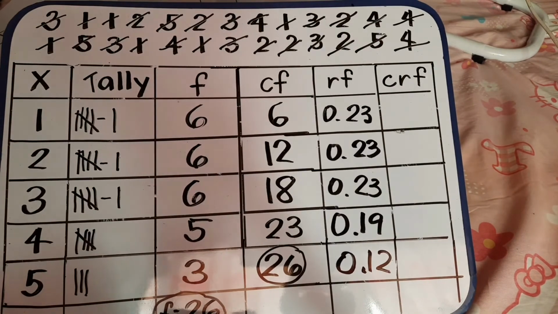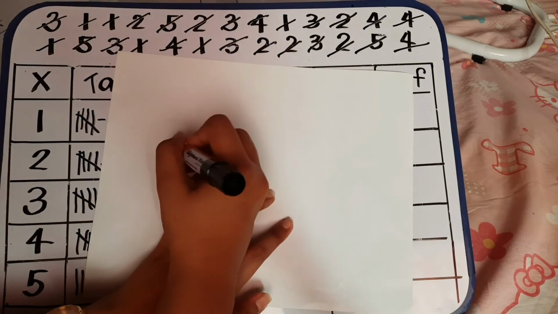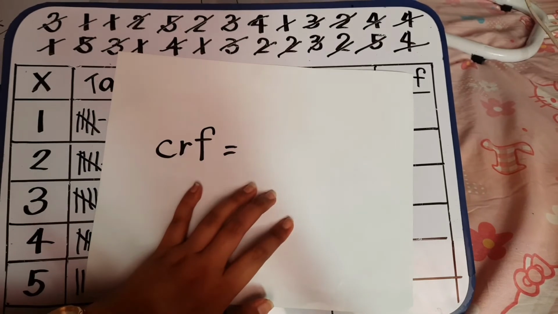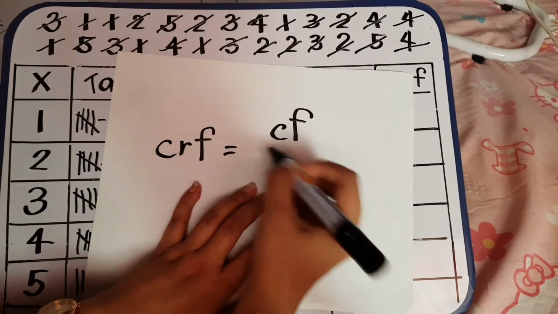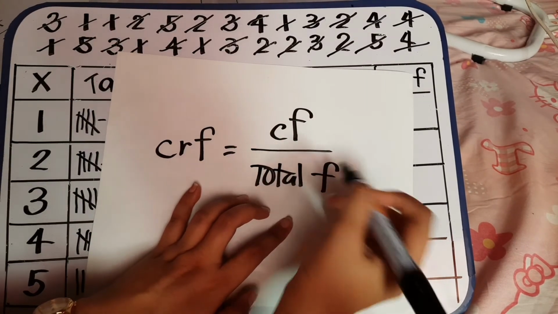When we say CRF, that is the relative cumulative frequency. Okay? Or the cumulative relative frequency. And this is, pag sinabi nating CRF, so CRF is equal to CF, cumulative frequency, divided by the total frequency.